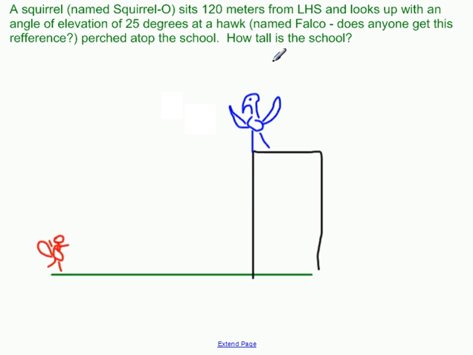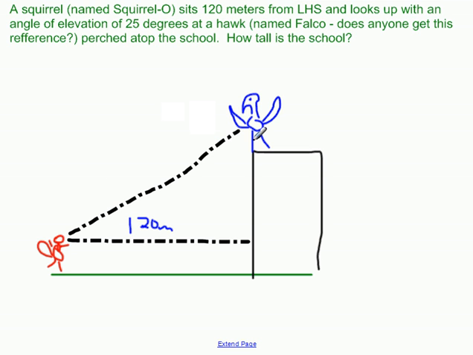I'll say so myself. So, once again, we know that this distance from the horizontal to the school, we are told that equals 120 meters. And we're also given the angle of elevation up to Falco.